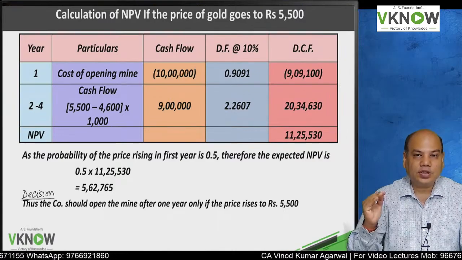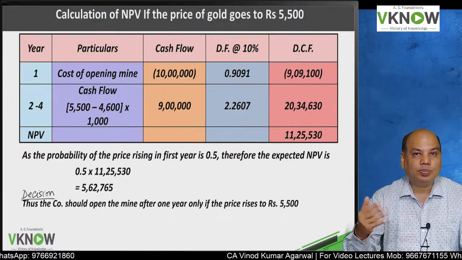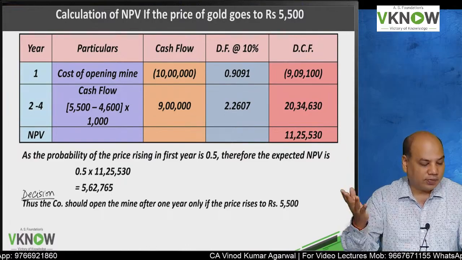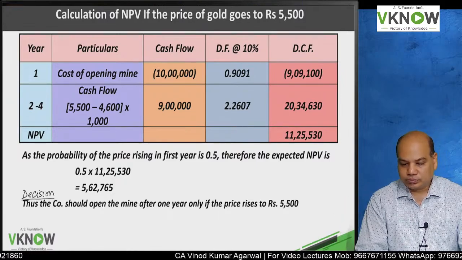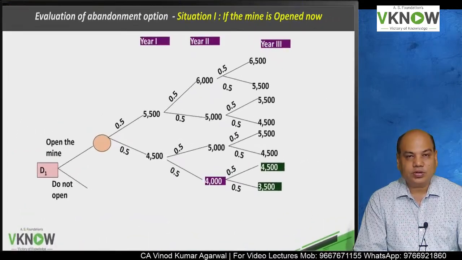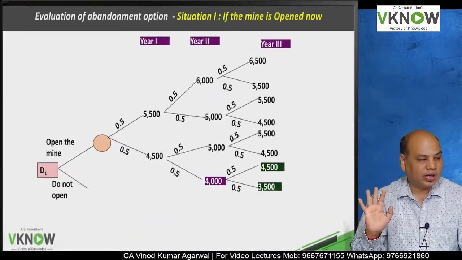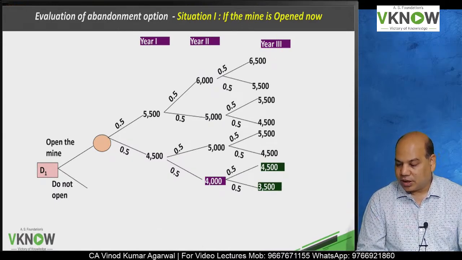Irreversibly means once the mine is shut down, you cannot reopen it again. It is shut down forever. Show the value of the abandonment option. Again we'll have to solve twice. Now you don't have to draw the diagram because it will take a lot of time. This was my diagram number 1.